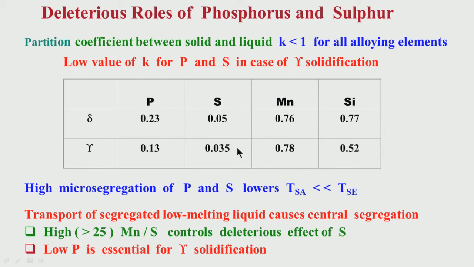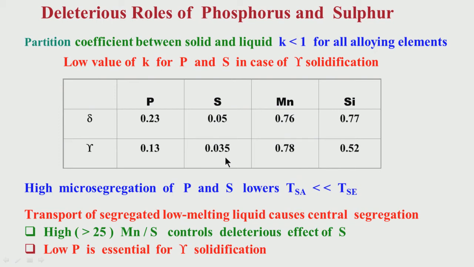So, look now at the values for phosphorus and sulfur. For delta, phosphorus is 0.23 and sulfur 0.05; for gamma solidification, the value is small, K is very low, 0.13. For sulfur it is still much lower, 0.35.